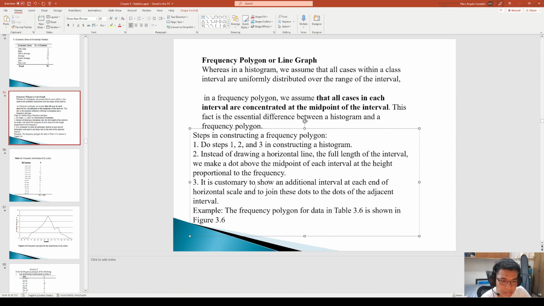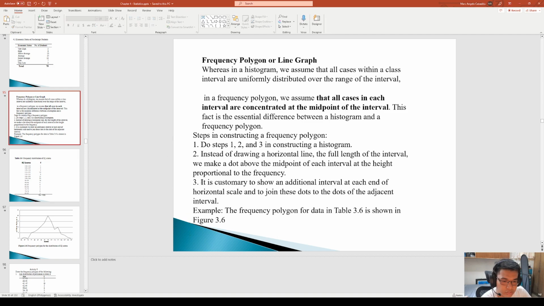Okay, so dot dapat siya instead of horizontal line. Okay, so those dots are the ones you connect to create a line. Okay, so those are the connecting dots to create a line.